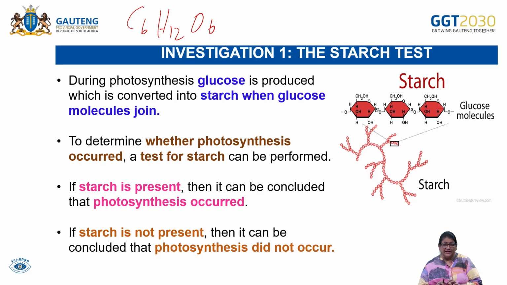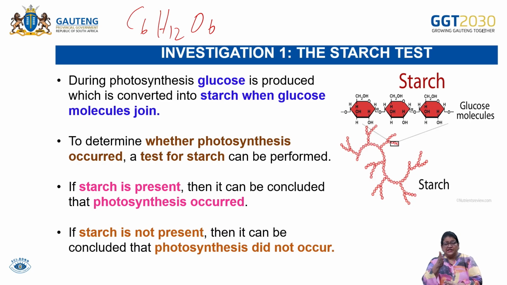You don't need to know that now, but it's called dehydration synthesis because as the glucose molecules join, water is removed. The glucose is a simple structure called a monomer, and they join and join and join like pages together to form a book. So the book becomes your starch and the pages become your glucose molecules.